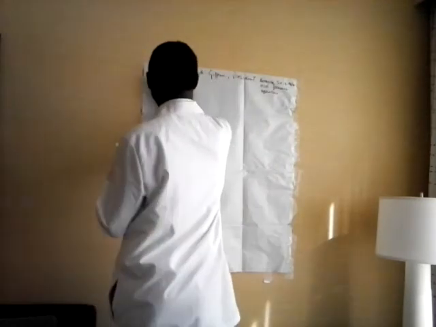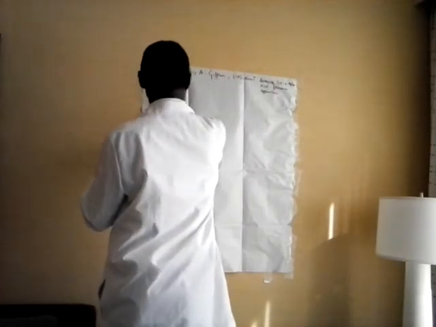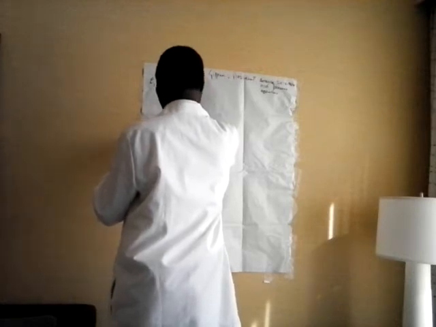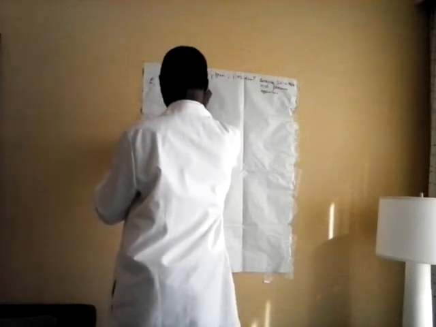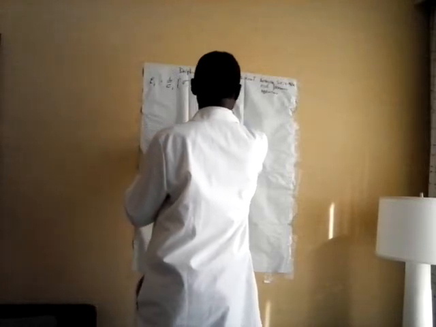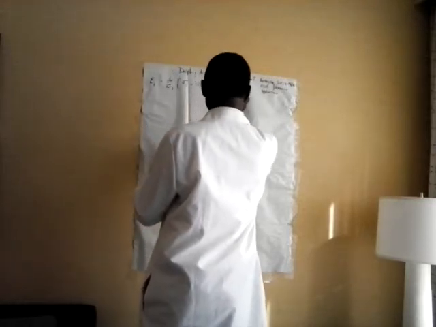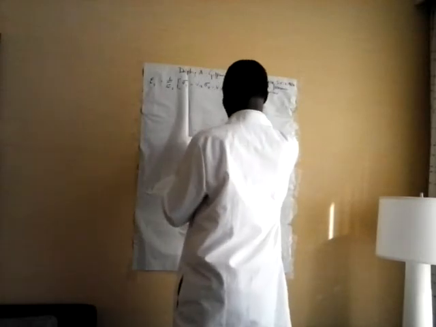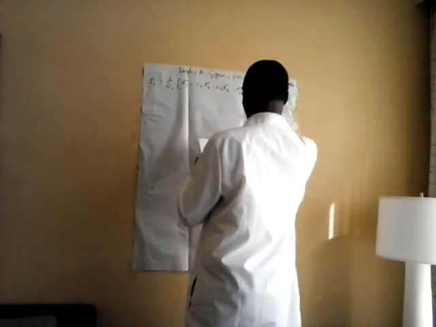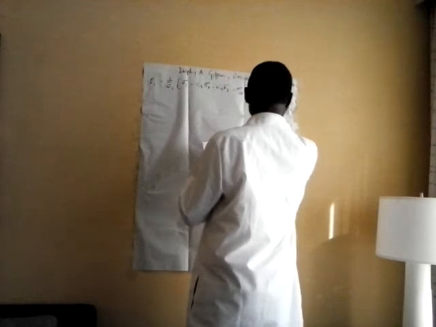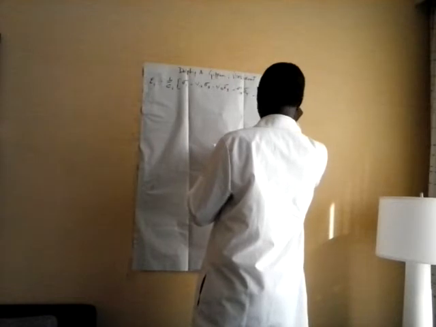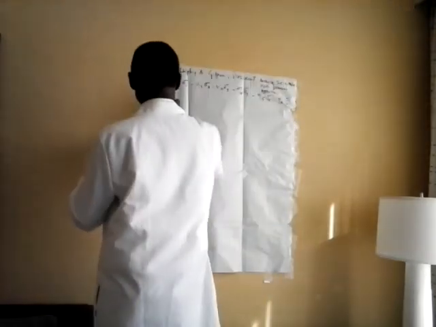So what we have now is that epsilon 1 equals 1 over E1, and you will see exactly how the matrices are: sigma 1 minus V12 sigma 2 minus V13 sigma 3 minus V14 sigma 4 minus V15 sigma 5 minus V16 sigma 6. That's for epsilon 1.